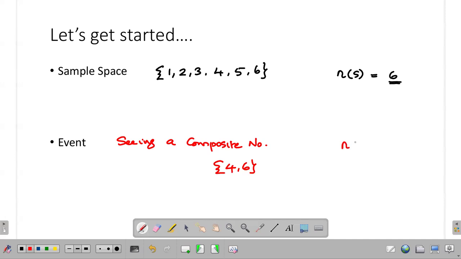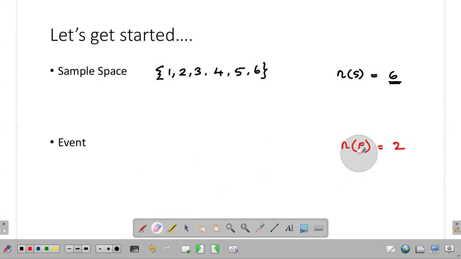The number of favorable elements in that event E, as per the sample space I have defined here, is equal to 2. All right. Now, let me say I end up seeing a prime number. That's the event I am defining. That is, when I am rolling a fair dice, I end up seeing a prime number.